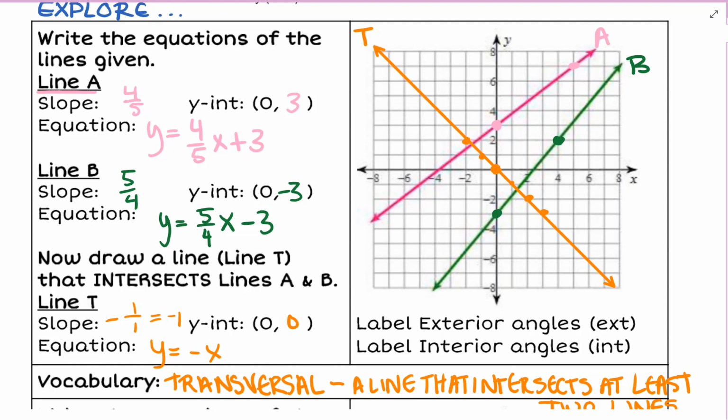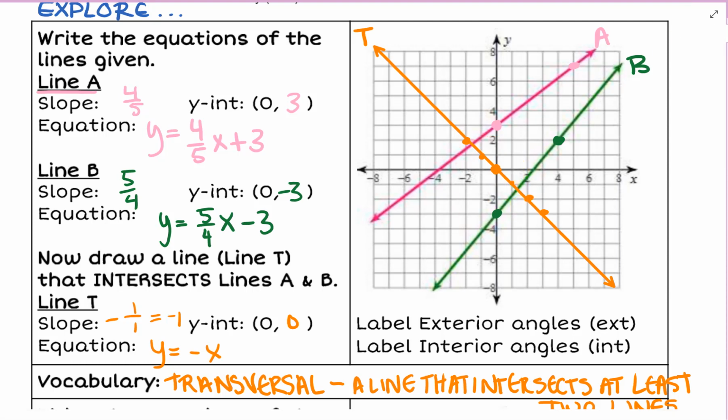Now the transversal actually creates some angles. Here's an angle, here's an angle, here's an angle, here's an angle. And of these 8 angles, we have some that are exterior, outside of the lines that were intersected, and we have some angles that are interior, inside the lines that were intersected.